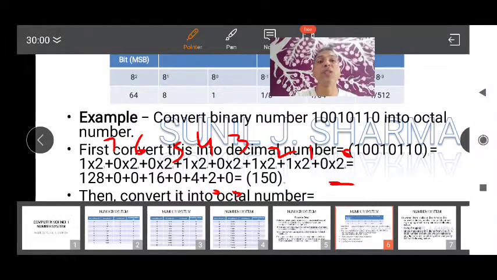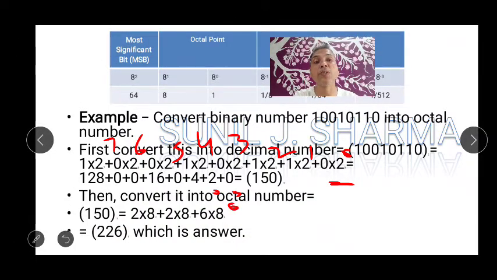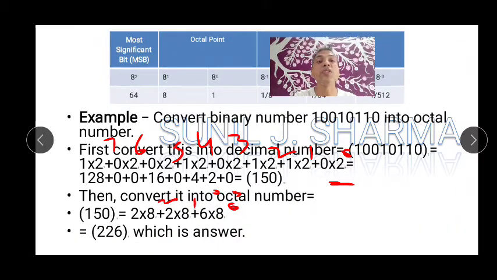Now here also the same thing they did, 8 raised to 0, 8 raised to 1, 8 raised to 2. Anything raised to 0 will be 1, so 6 into 1 will be 6. Then this will be 16.